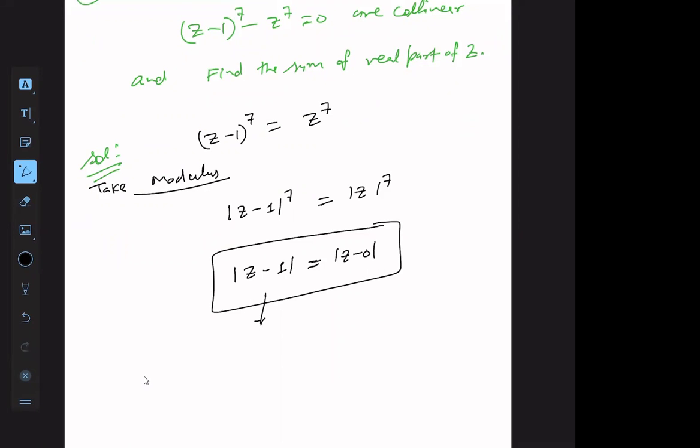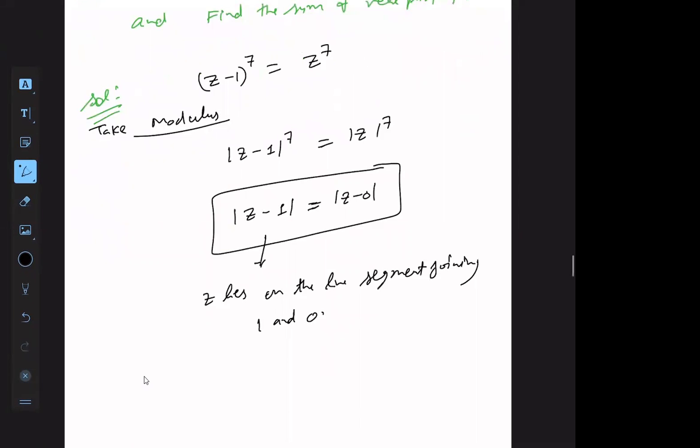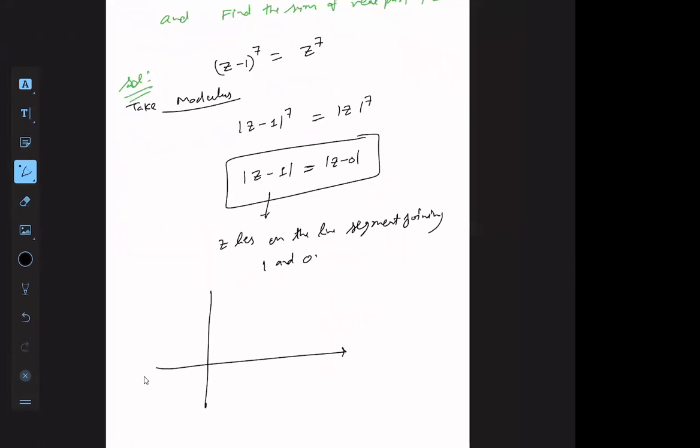Here the interpretation is that z lies on the line segment joining 1 and origin. So basically this is origin, this is 1. So z is the point which lies on this line, and this line is the vertical line. So all real parts would be 1 by 2.